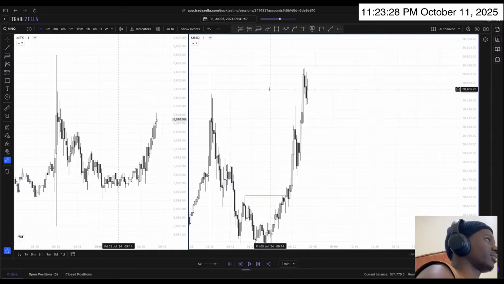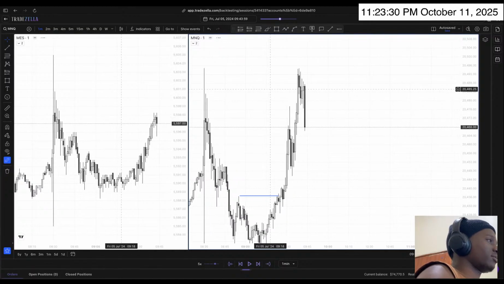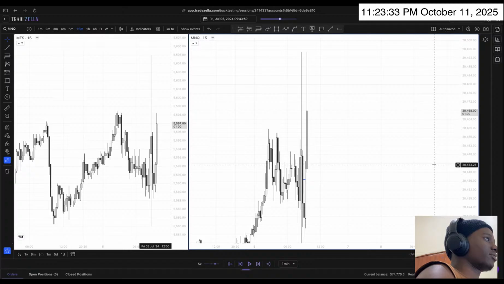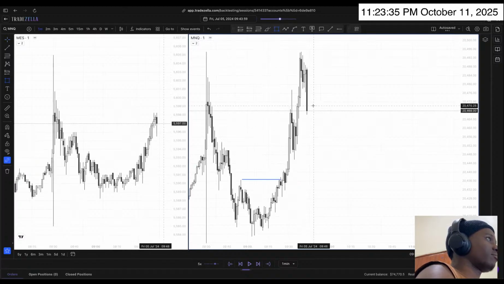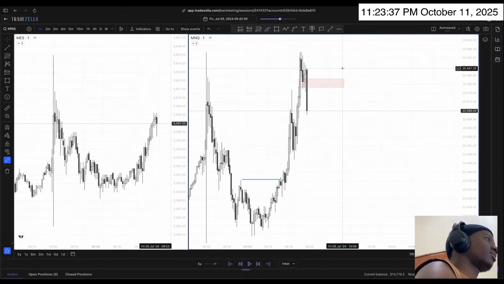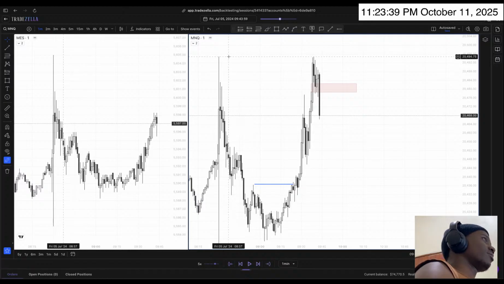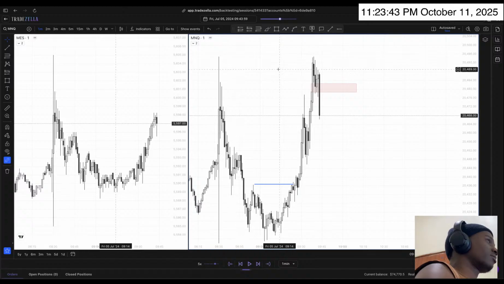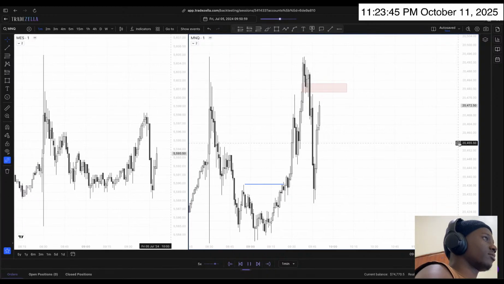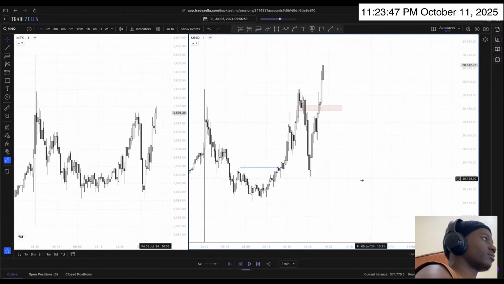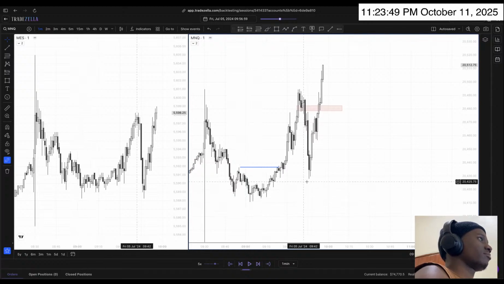Okay, data highs. 15. Okay, crazy movement. Inversion. Is there an SMT? This thing doesn't get hit.